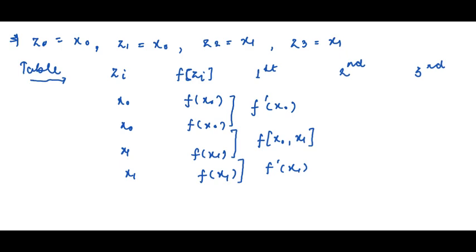And once the divided difference table has been constructed, we can write the Hermite interpolation polynomial in Newton form as well.